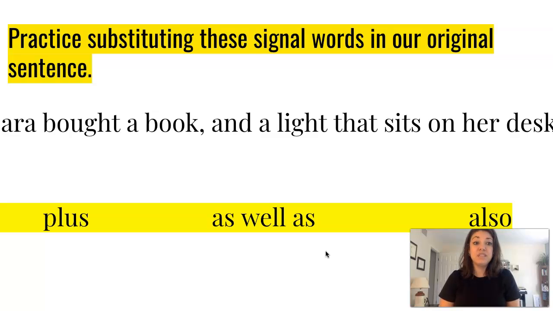So our original sentence was, Sarah bought a book and a light that sits on her desk. All right, let's use the word plus. I'd like you to come up with the sentence. Go ahead and take a minute and add the word plus instead of and.